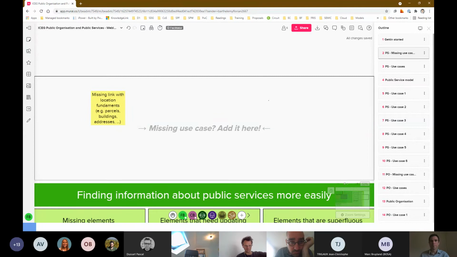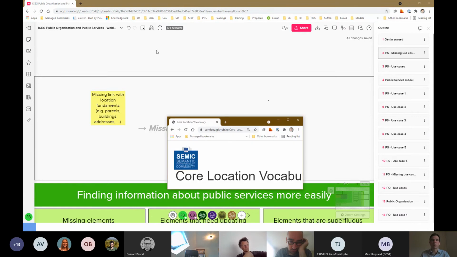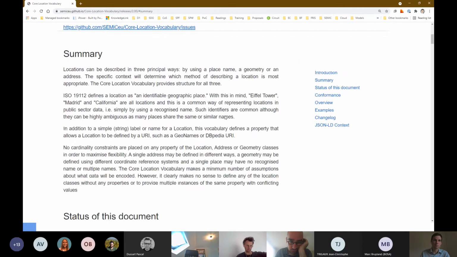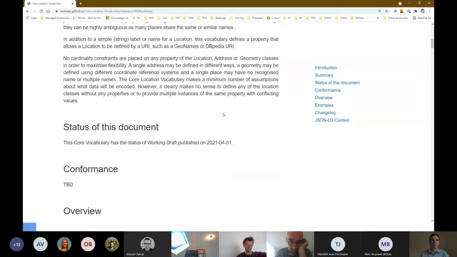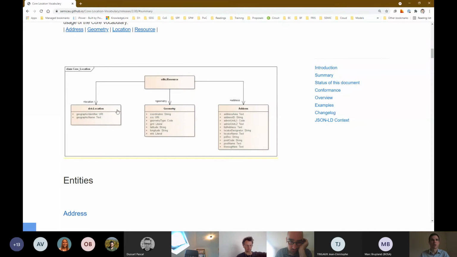In my understanding, it's actually useful to know how to model specific locations, such as addresses, in the context of a public service. And for that, for example, at European level, I can show you, there is the Core Location vocabulary, which targets at the first stage these aspects where you can define an address with many different attributes.